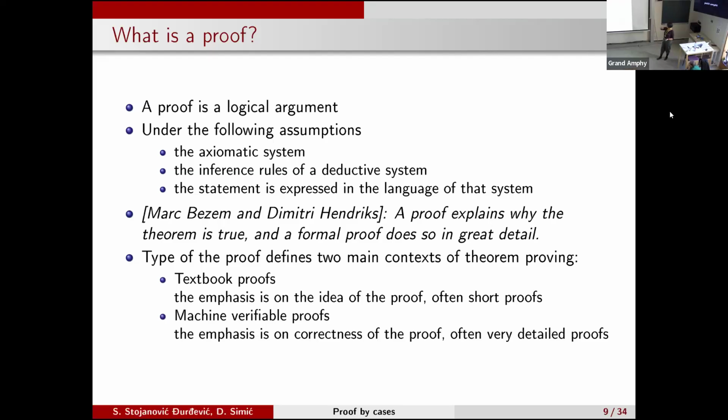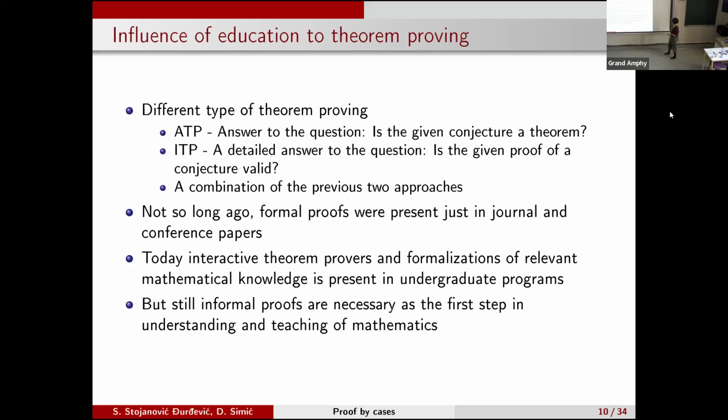So I will return to the two main contexts of theorem proving, where we want to keep the short proofs and the basic idea of the proof, but we also want to be able to verify the correctness of that proof without explicitly showing the details that lie behind that verification.